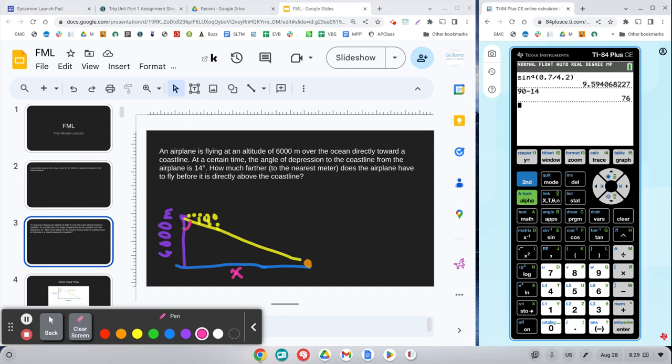So that's going to be 76 degrees. And we want to find this, the opposite side, using this, the adjacent side. So we'll be using tangent. And we'll get opposite over adjacent, so x over 6,000. Multiply that 6,000 over to find x, and plug that into the calculator.